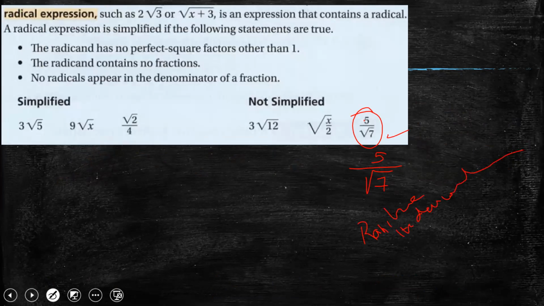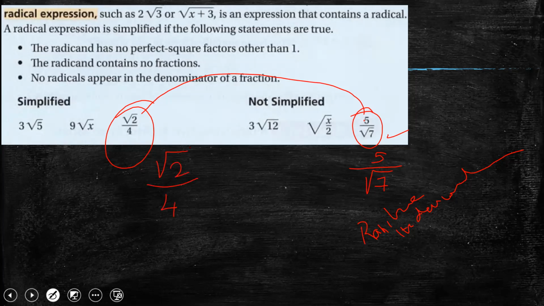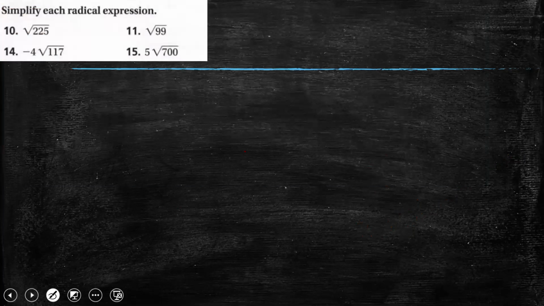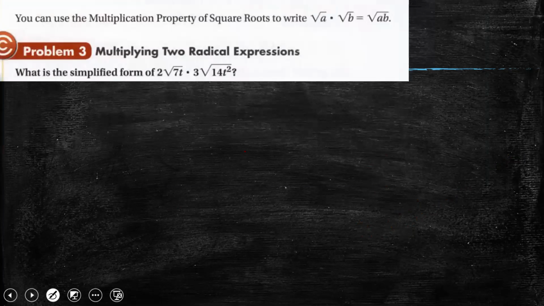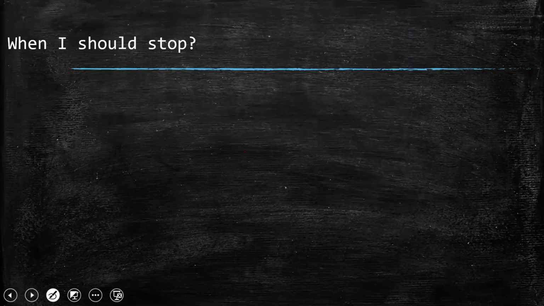After I used the way of rationalizing the denominator, I converted it to one which is simplified. Here we have square root of 2 over 4. That means I have the square root only in the numerator, which is correct. So the square root must exist in the numerator only. If it is in the denominator, I have to make an action and simplify it. Okay?